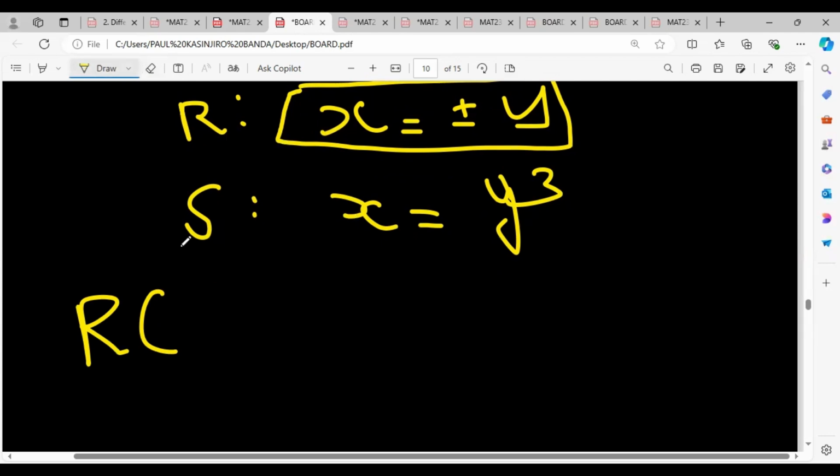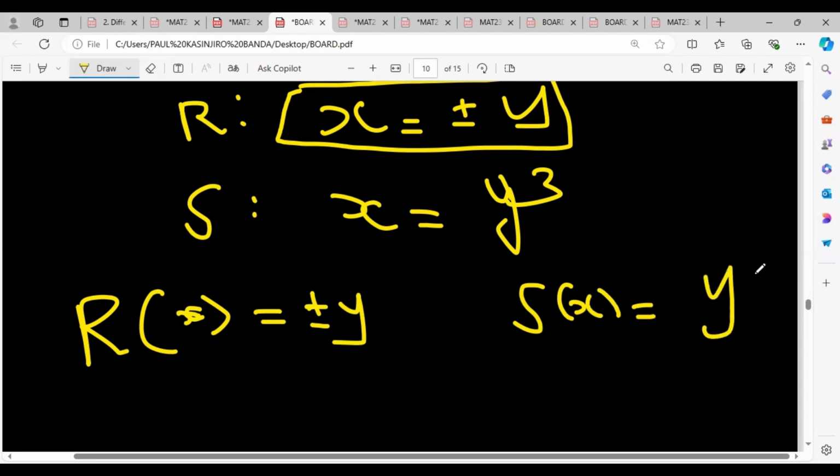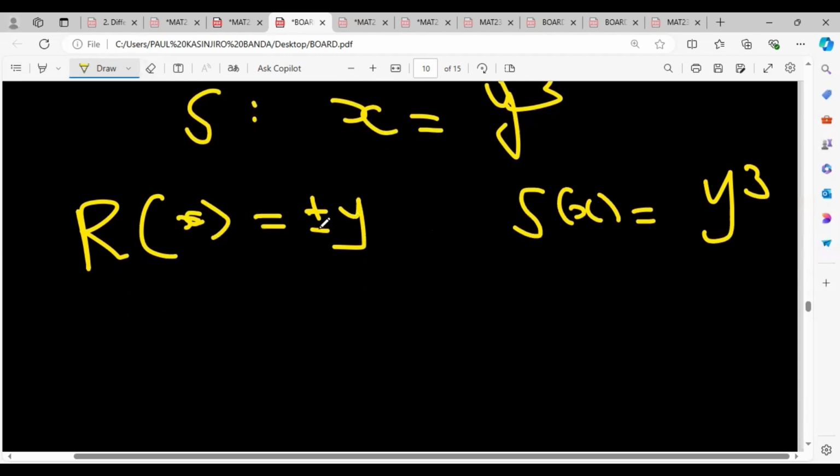So R is just equal to plus or minus Y, and then S of X is equal to Y cubed, like that.